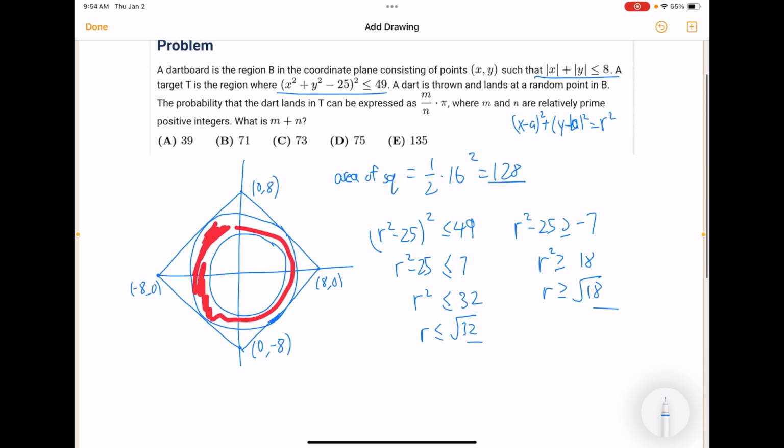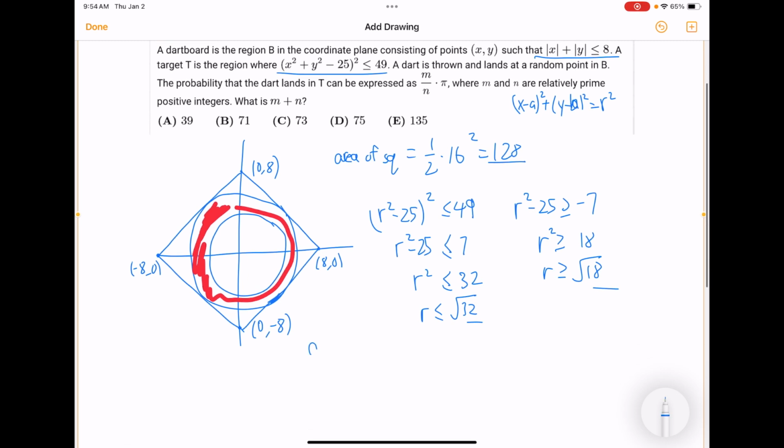And so I'm going to represent it really quickly. The area of the bigger circle would be pi r squared, so pi times 32. And the area of the smaller circle is pi r squared, so 18 pi.